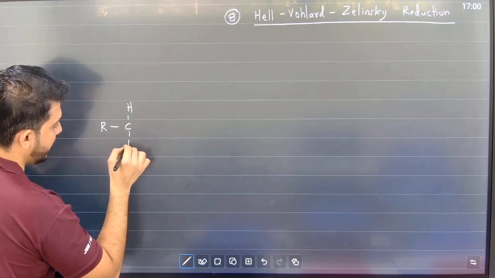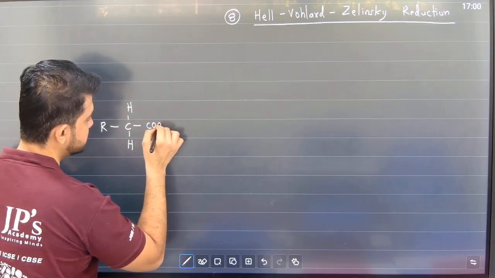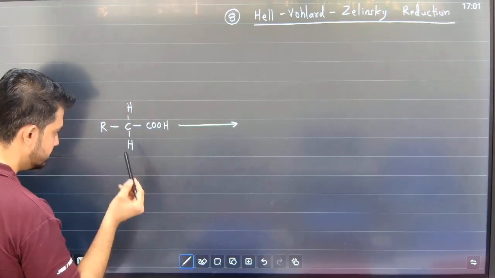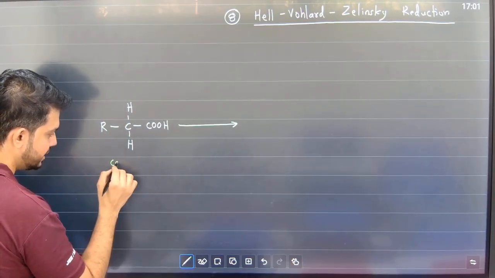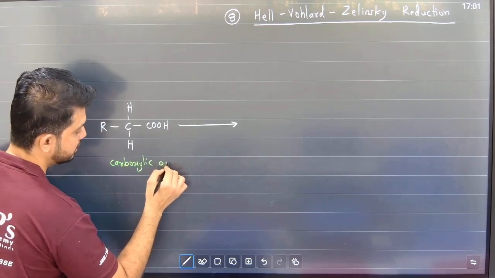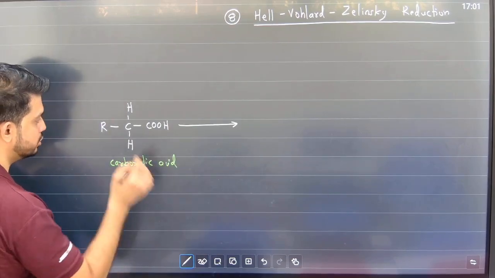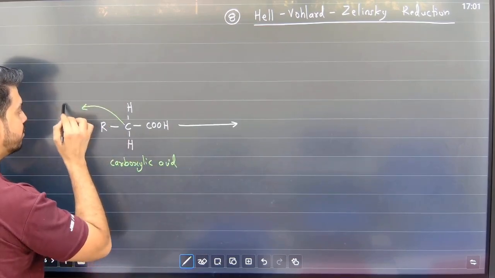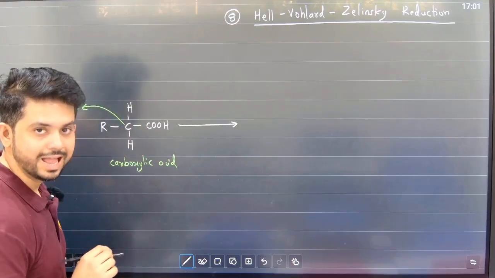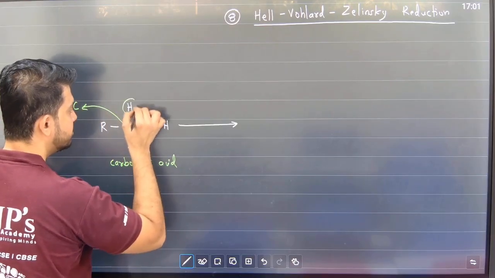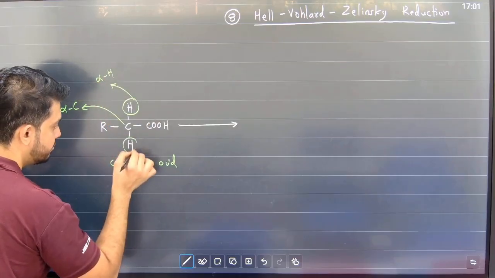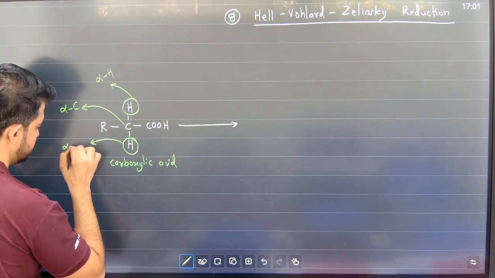What the HVZ reaction does is it converts a carboxylic acid containing alpha hydrogen. What is alpha hydrogen, students? The carbon which is bonded to the functional group is called the alpha carbon, and hydrogens which are bonded to the alpha carbon are called alpha hydrogens.